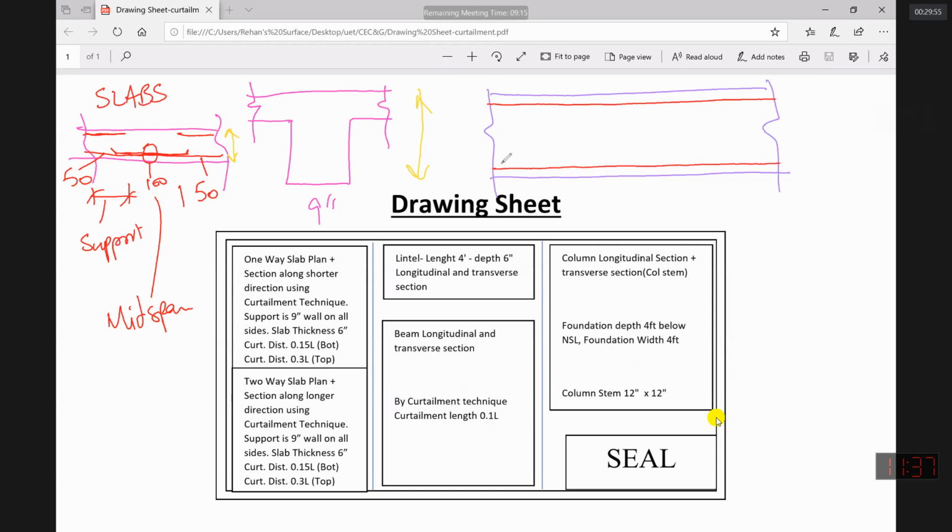I am going to show these bars over here in the cross section. So these four bars, which are at the corners of the beam in the cross section, would run throughout from one support to the other. And the reason for that is that we have to provide a vertical reinforcement.